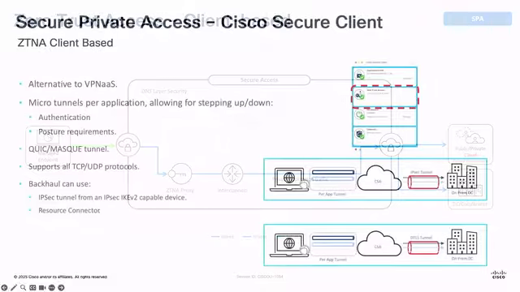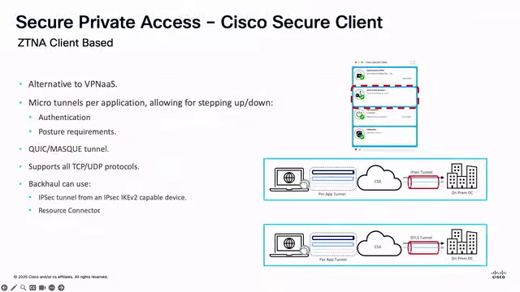So the difference between the zero trust access approach and the remote access VPN approach that we just looked at is that with ZTA or ZTNA, we are creating connections per application. So you're creating a connection per app, and that's done behind the scenes or in a transparent way.